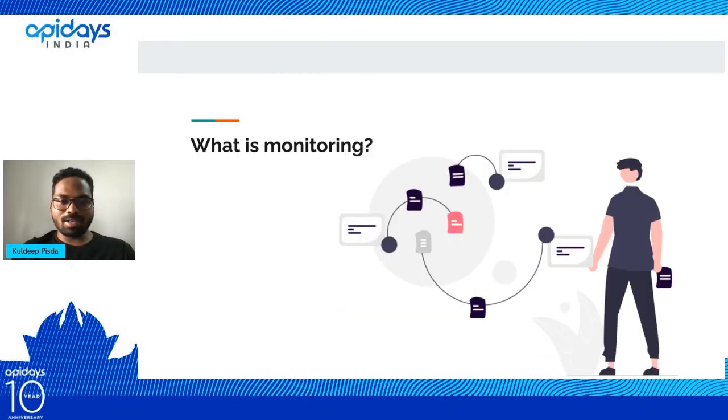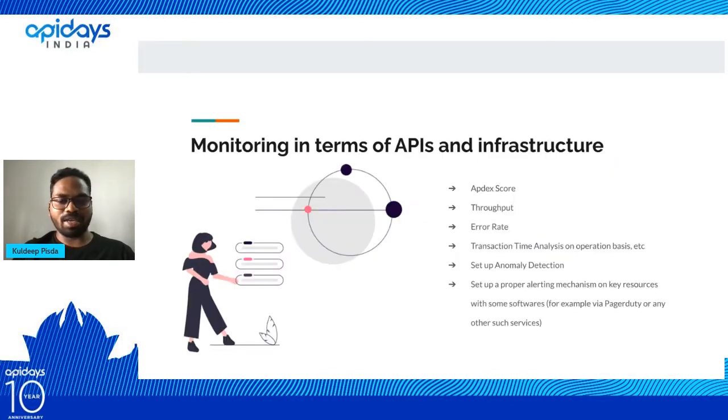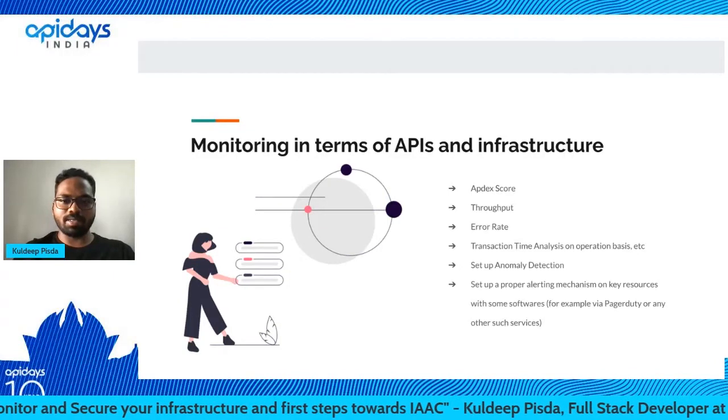So what is monitoring? We can monitor anything, but in terms of APIs there are several key metrics that we would want to monitor, and notably the few common ones are the Apdex score, the throughput, and the error rates. I will explain all the points one by one. For example, the Apdex score is a score by which we assess how our API response time is performing.